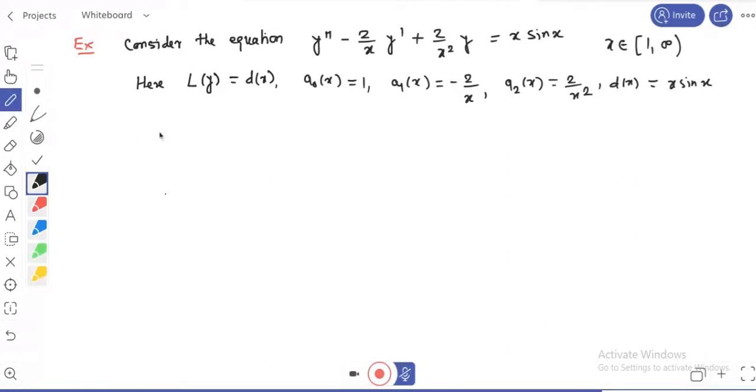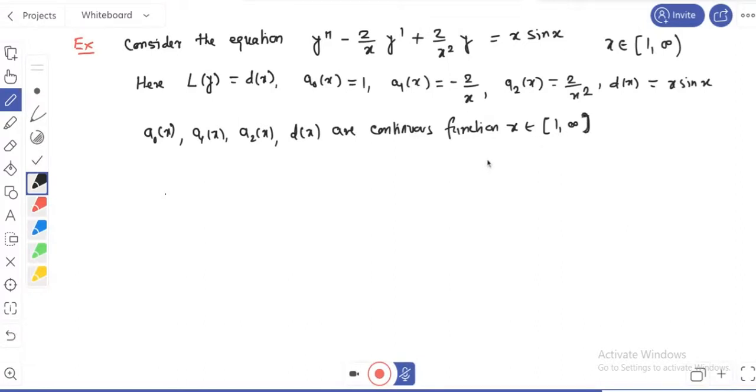Look here: a0(x), a1(x), a2(x), and of course d(x), these are all continuous functions in this domain where x belongs to the interval I.